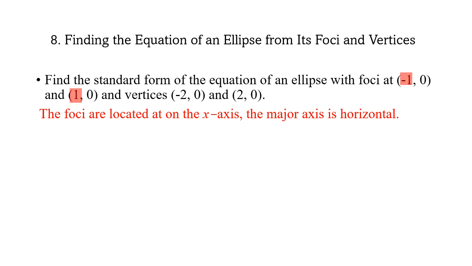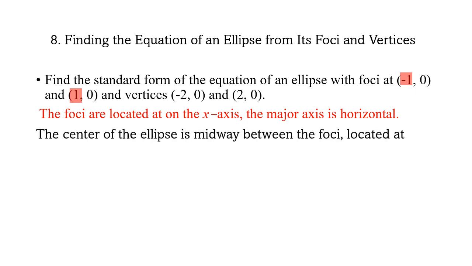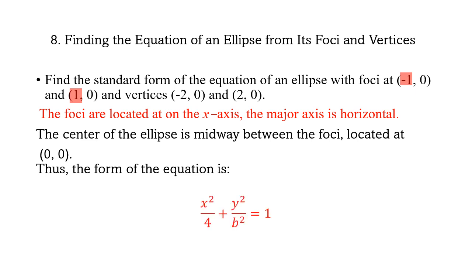So the major axis is horizontal. We have the vertices, negative 2 and 2, therefore a squared is 4. Now we need to calculate b squared. We know that c squared equals a squared minus b squared. Therefore b squared equals 3. Therefore the equation of the ellipse is as such.